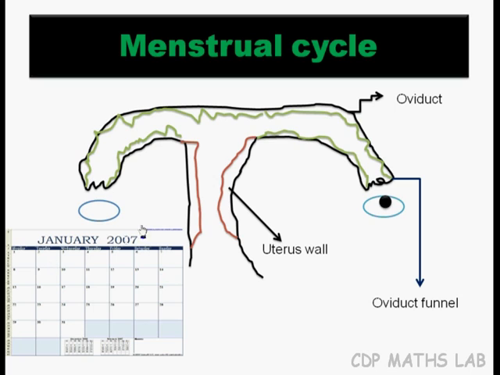Now, what happens is this. Let us say that on January 1st, the egg was released. Now, between January 1st and January 8th, a woman can become pregnant. Why? Because the egg remains, she's fertile. In other words, this egg remains in the tube from here to about here for 7 days, so at least a week.